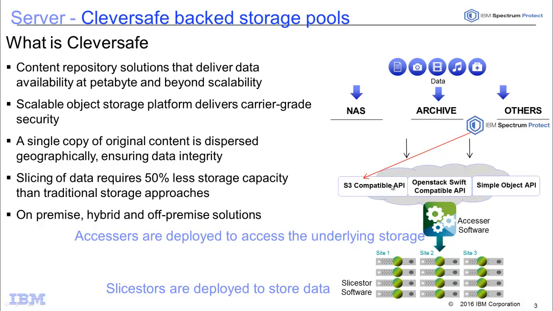Another thing to notice is that Cleversafe does have multiple APIs that you can utilize to connect with it. For the Spectrum Protect enhancements, we will be utilizing an S3 compatible API, even though back in 713 we introduced an OpenStack Swift API to connect with other types of cloud storage.